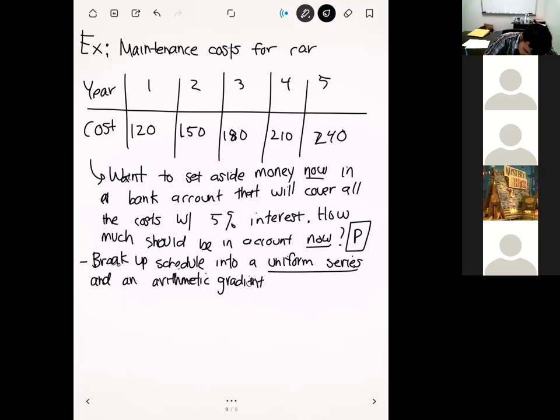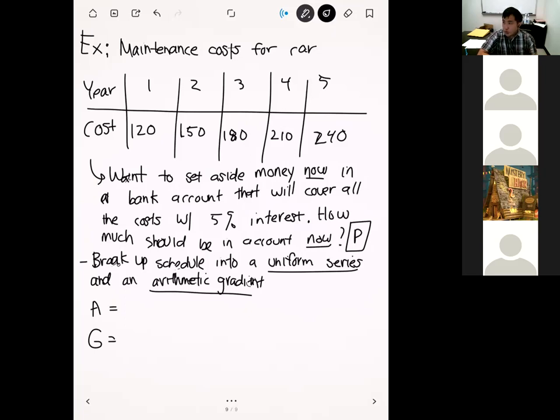So we're going to have both a value of A and a value of G for this problem. Once we've determined what A and G are, we can easily convert them to P using our formulas.